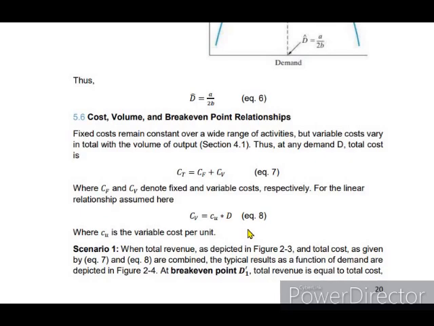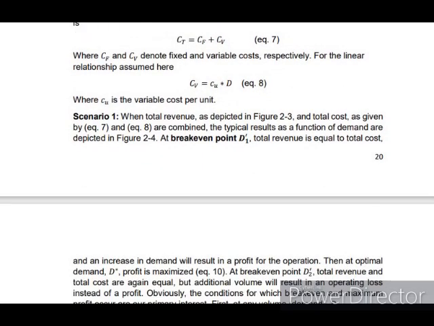What is C sub U? So C sub U is the variable cost per unit. So we have a variable cost and we also have a variable cost per unit. So we have a scenario number 1. When total revenue as depicted in the figure and total costs as given in equations 7 and 8 are combined, the typical results as a function of demand are depicted in figure 2-4.